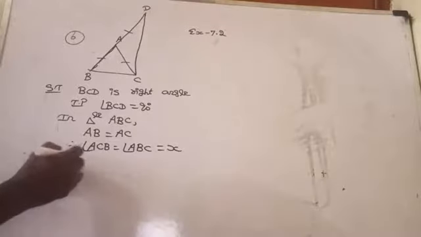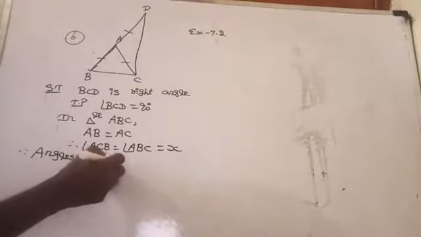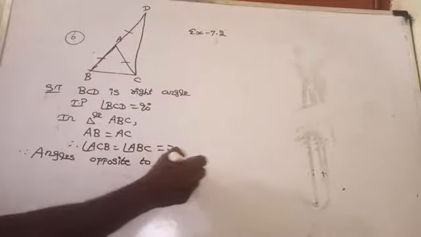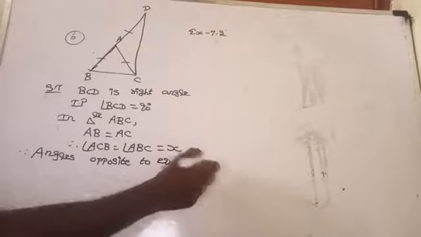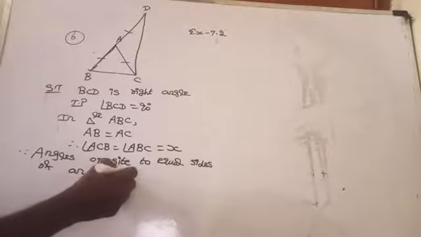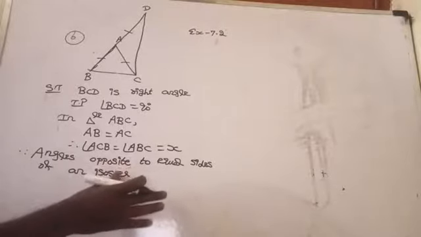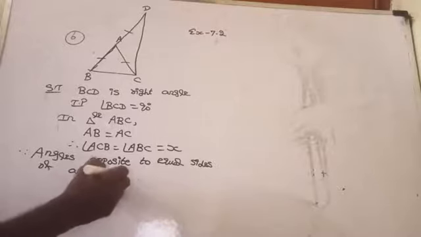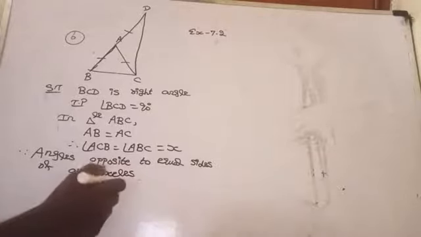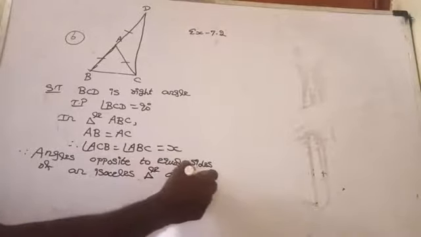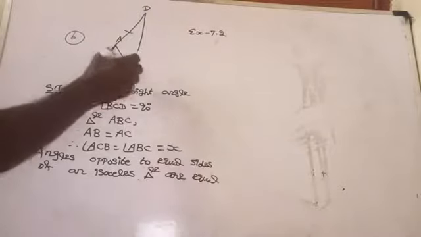The reason is: since angles opposite to equal sides of an isosceles triangle are equal. So angle ACB is x, angle ABC is x.